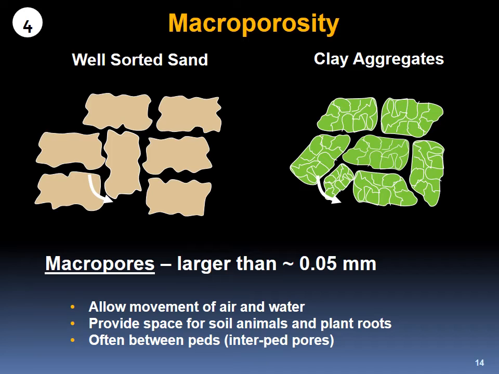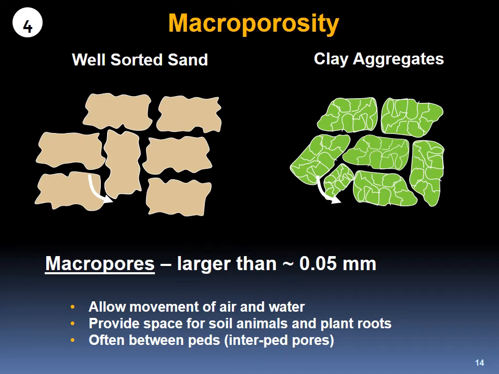Now, if you look at the left picture, you have a well-sorted sand. You see that you have particles of sand, and between these particles you have spaces. Now, to the right side you have clay aggregate, and you know what we mean by aggregates, meaning that you have particles and they are glued together to form a unit, to form a structure.